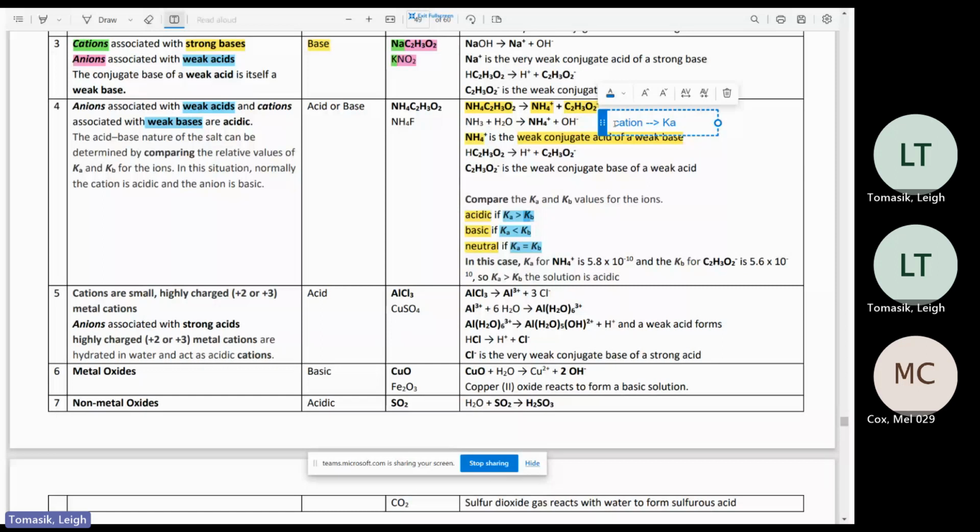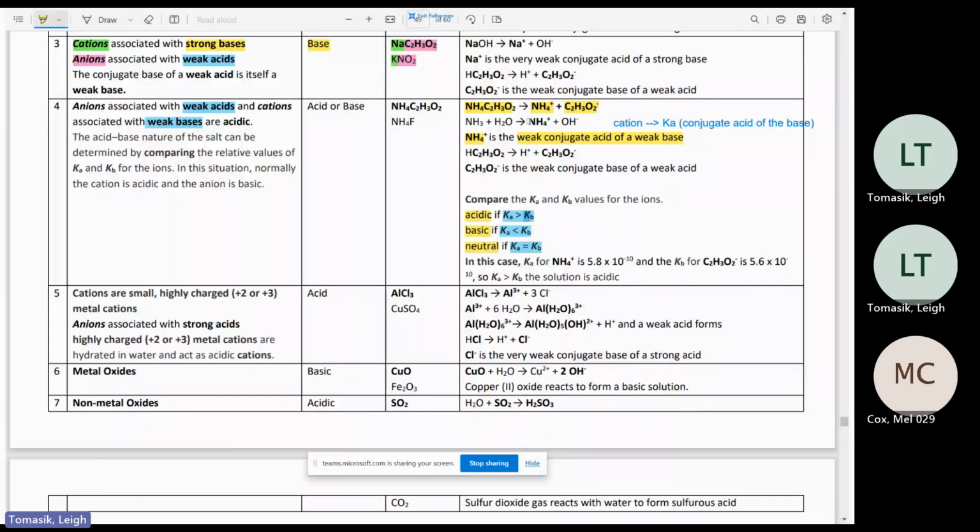And that's a little bit counterintuitive because we know the cation came from the base, right? But when it becomes part of the salt, it is the conjugate acid. When the base broke up, right?